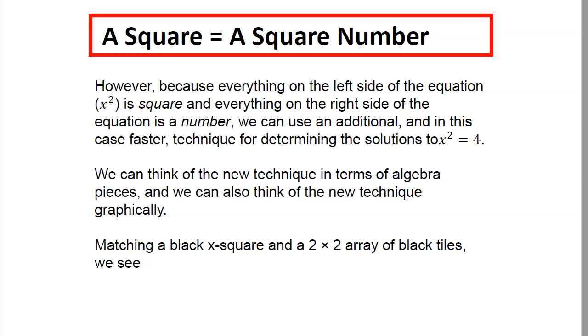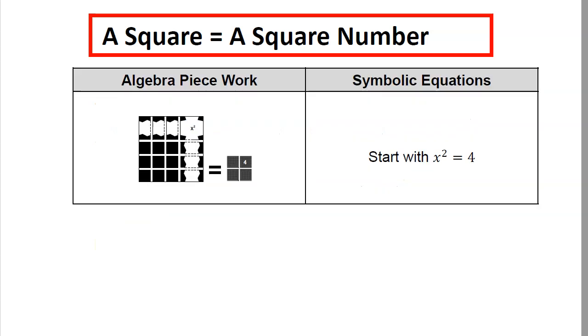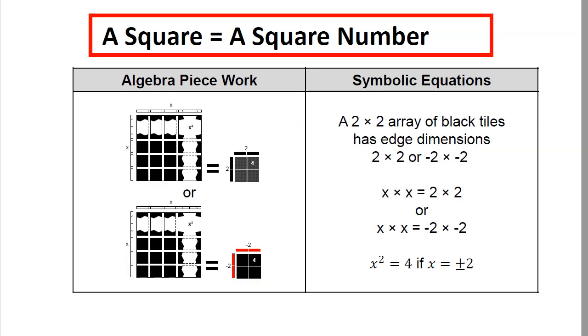We can think of this new technique in terms of algebra pieces, and we can also think of it graphically. Matching a black x squared and a 2 by 2 array of black tiles, we have a picture. So we have a black x squared equal to 4 black tiles. That's the same as saying x squared equals 4.